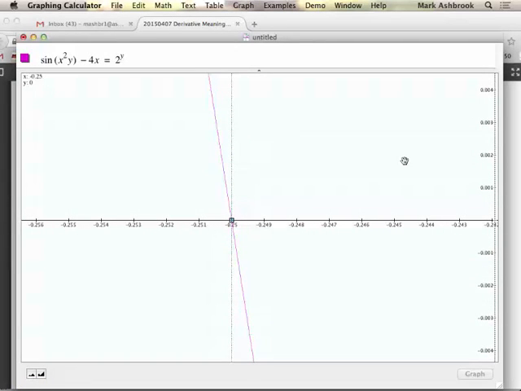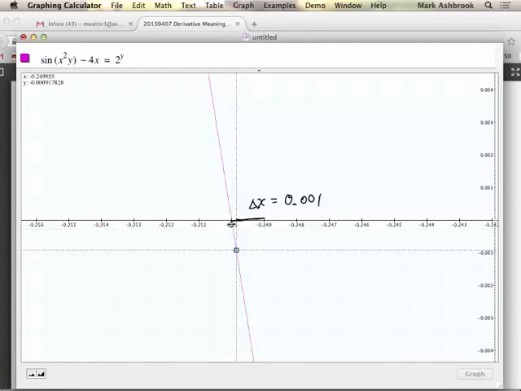Okay, here we go. So let's go 0.01. Is that right? Delta x equals 0.001. That's good. Okay, so I've got a delta x of 0.001.